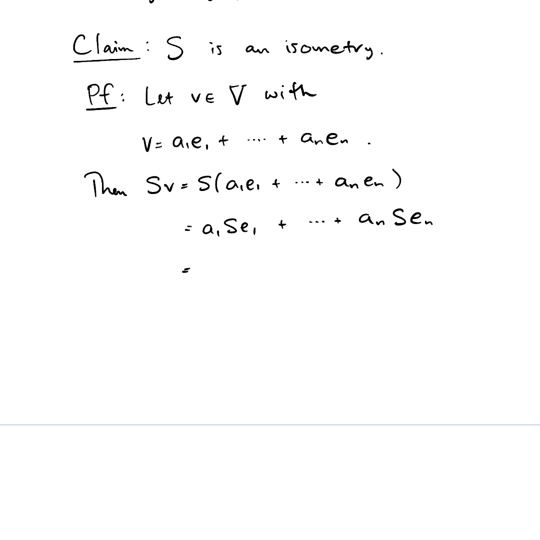But we know how S acts on the E's, so that's A1 lambda 1 E1 plus dot dot dot AN lambda N En. This is by design. We created this mapping S in this way.